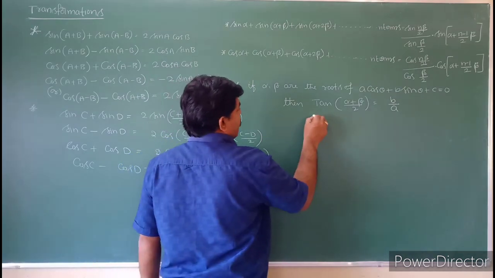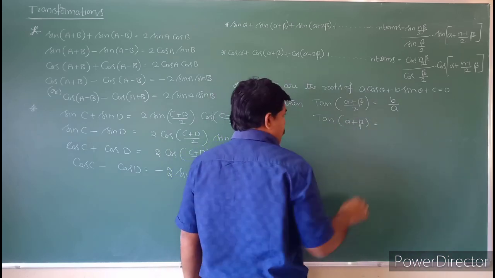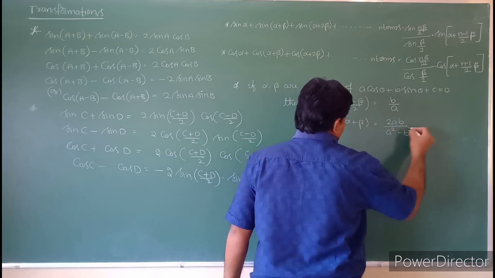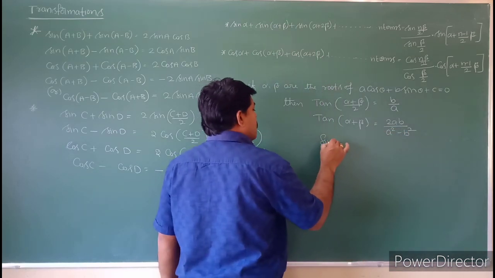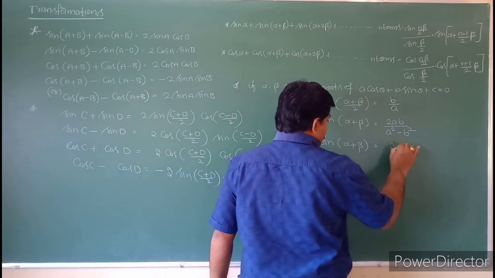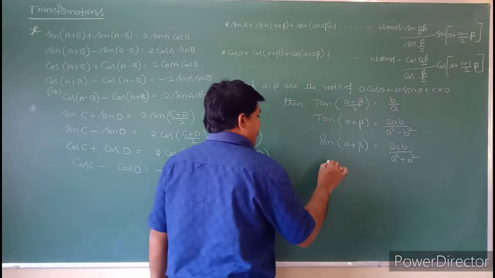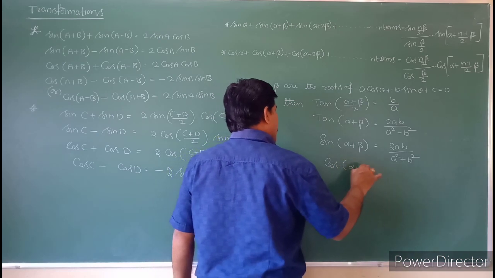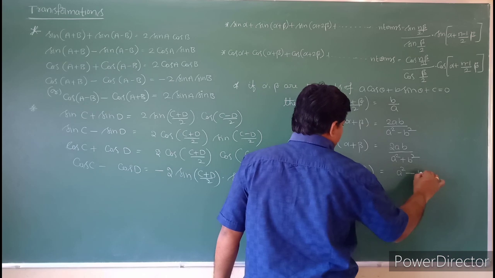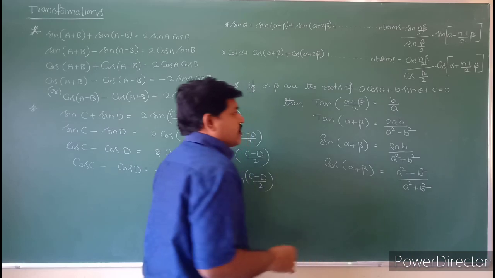And also tan of (alpha plus beta) is equal to 2ab by a square minus b square, and sin of (alpha plus beta) is equal to 2ab by a square plus b square, and cos of (alpha plus beta) is equal to a square minus b square by a square plus b square.